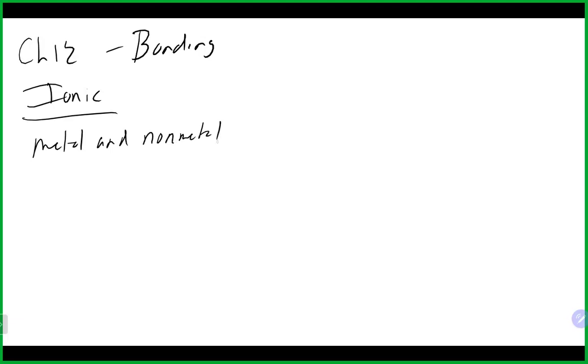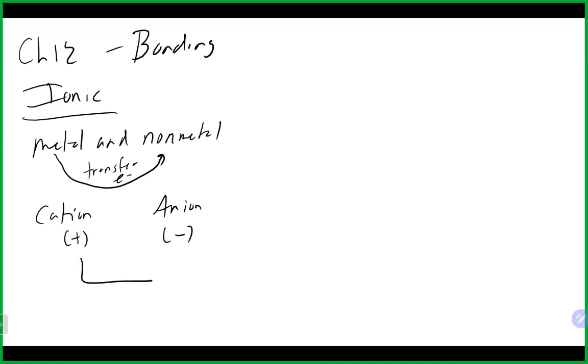And remember that in this case, because of the difference in those periodic trends, the metal is going to basically transfer its electrons over to the nonmetal. That's going to create a cation that's positively charged and an anion that is negatively charged. And that is what holds that together. Remember, there is no sharing of electrons here. And it is electrostatic attraction, opposites attract, that holds that together.